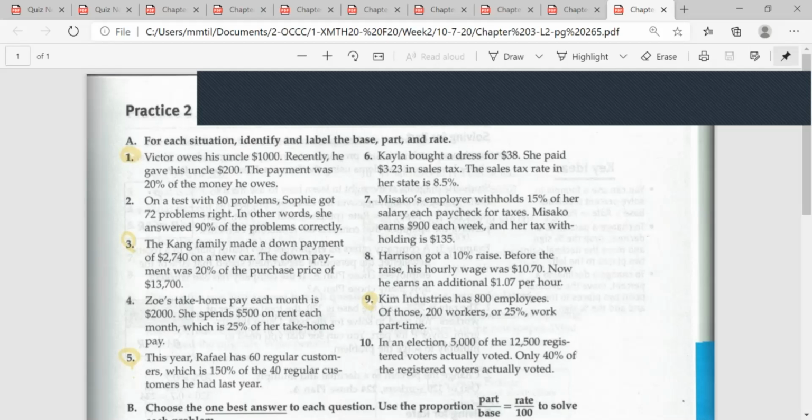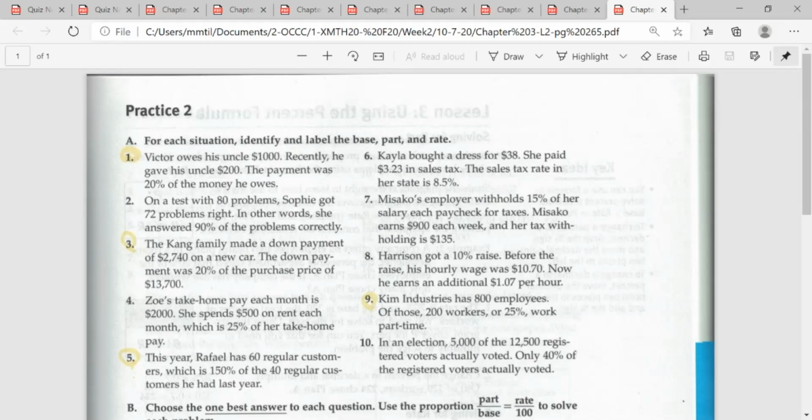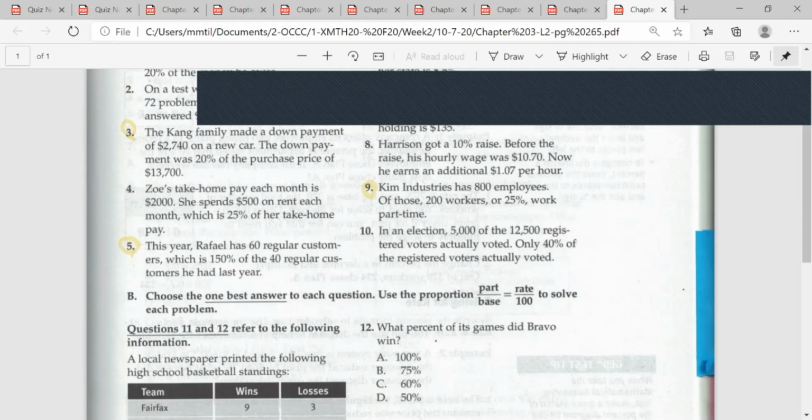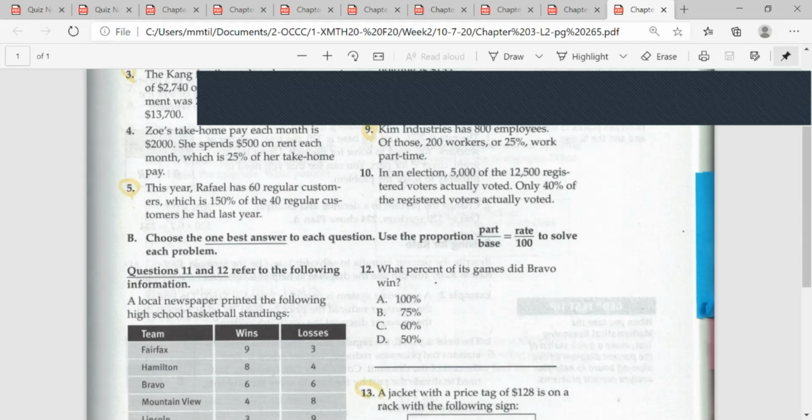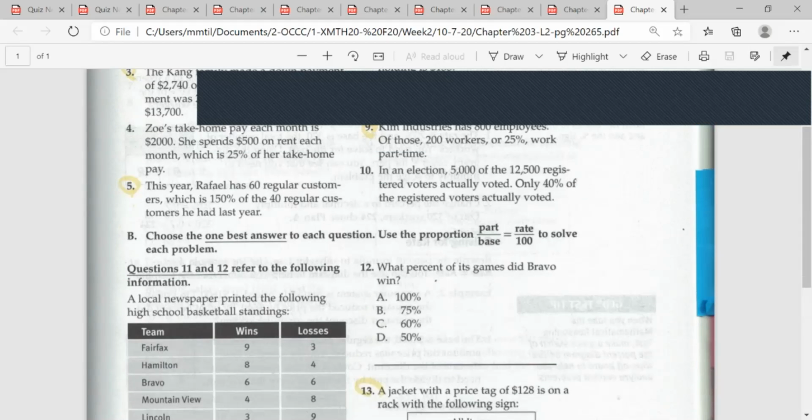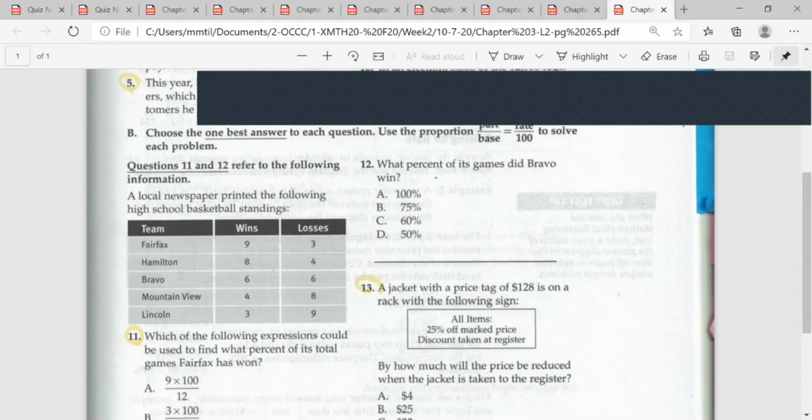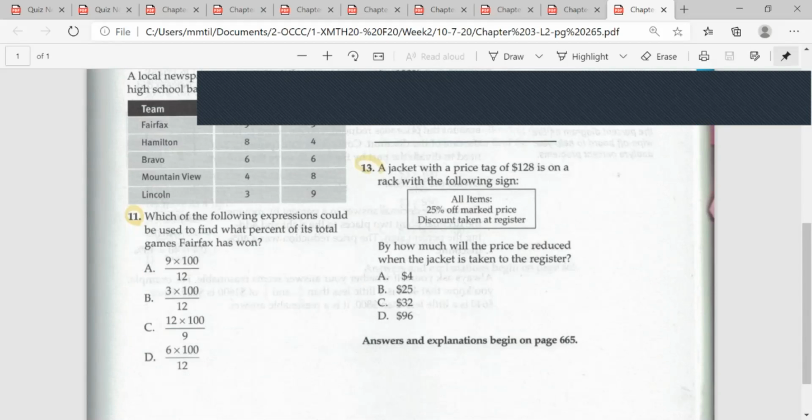And what's the rate? 10%. And somebody else, what's the part? 1.07. Okay, that's how you do all these. Then you use this formula to mathematically solve for the missing part. That's what we're doing down here.